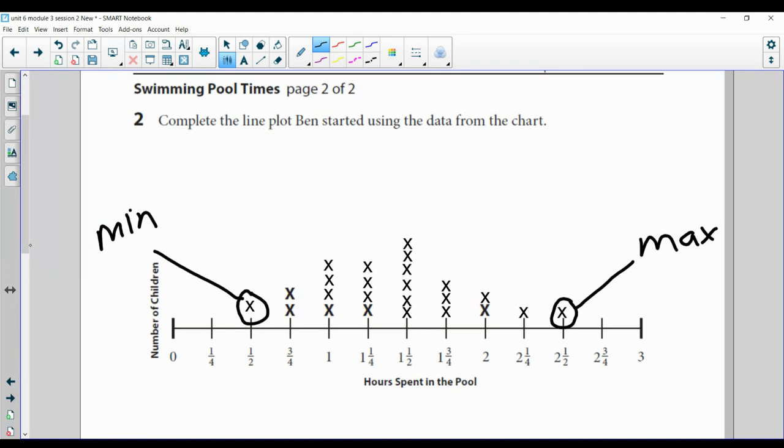And so I'm going to switch my marker here, and I'm going to gradually work my way to the middle. So I'm going to get rid of 1 on the bottom, 1 on the top, another 1 on the bottom, another 1 on the top, bottom, top. And I'm going to gradually work my way towards the center.